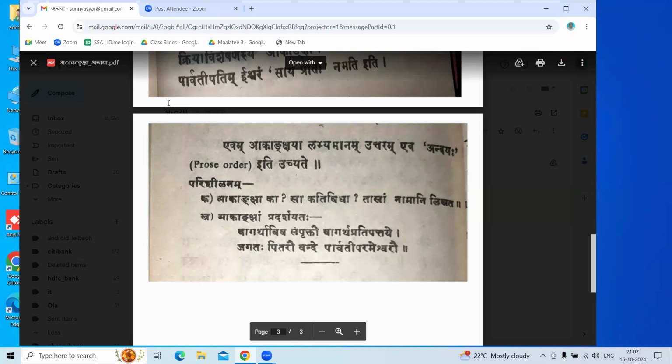Kada? Sada karomi. Samskrita Sevanam is karma padam, right? Karma, yes. Correct. Karomi is kriyapada, verb.